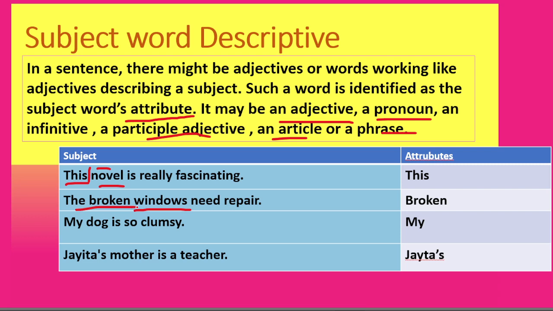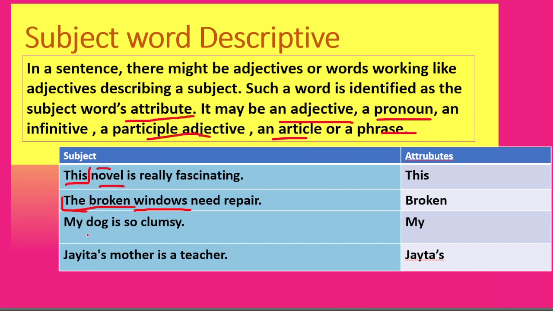So here, the subject attribute is broken. But the broken. গোটেইকেইটাই আমি ল'ব পাৰোঁ. The broken. And this broken is what? A participle adjective. How? Because broken is the past participle form of the verb broke, past tense of break.